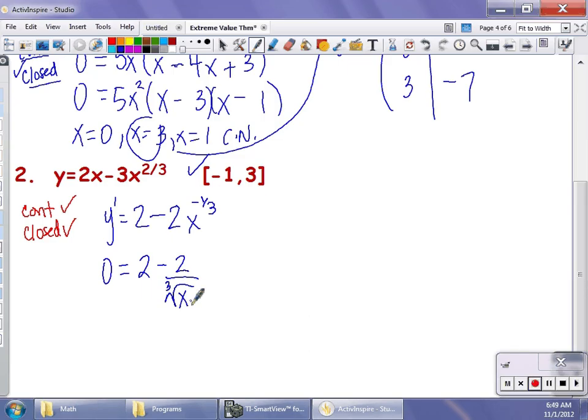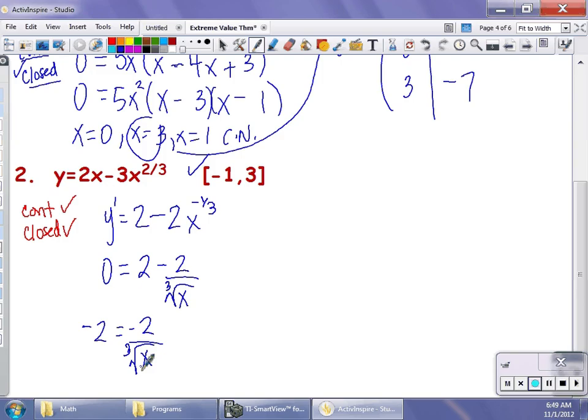In other words, I'm getting this what I would call algebra ready so I can solve the equation. Now I could get a common denominator on the left-hand side, but I'm just going to subtract 2 to the left-hand side, which gives me negative 2 over the cube root of x.